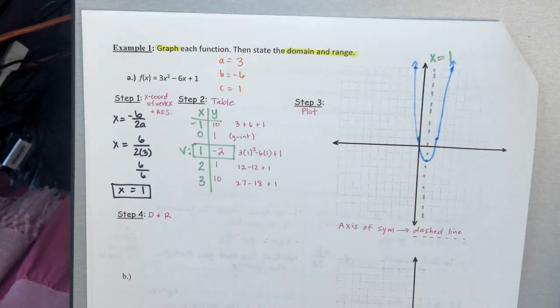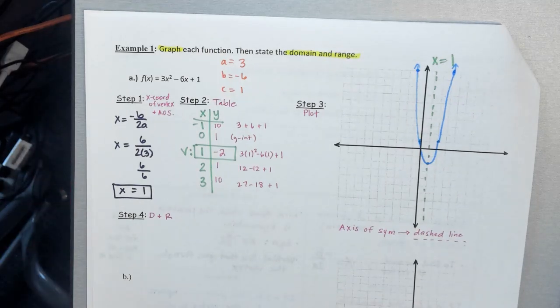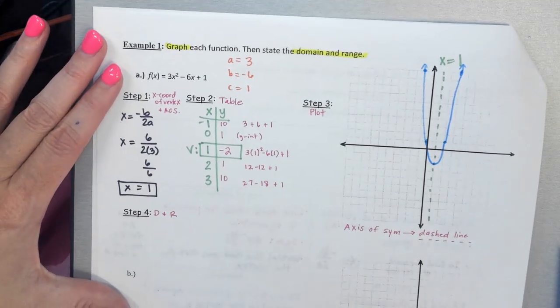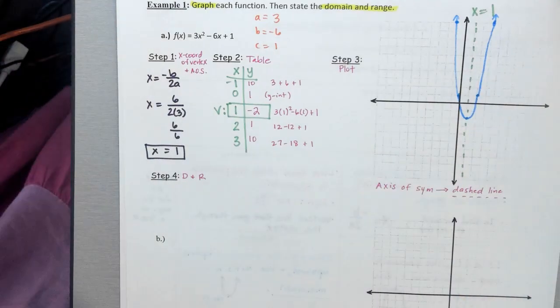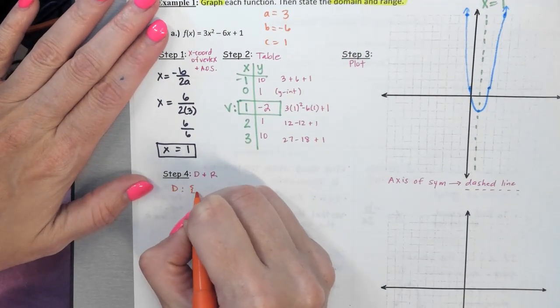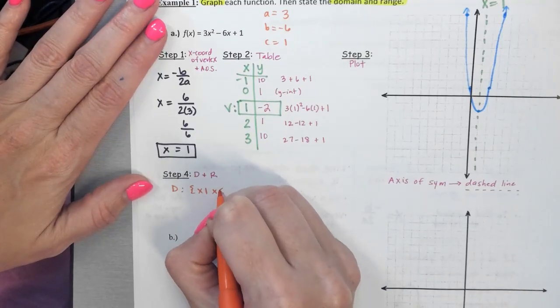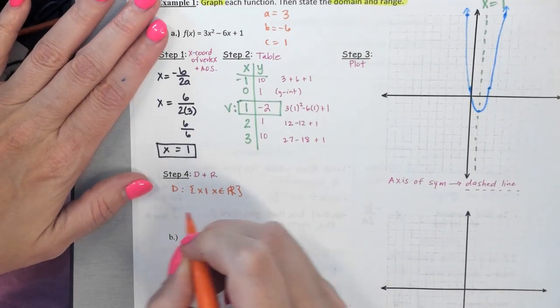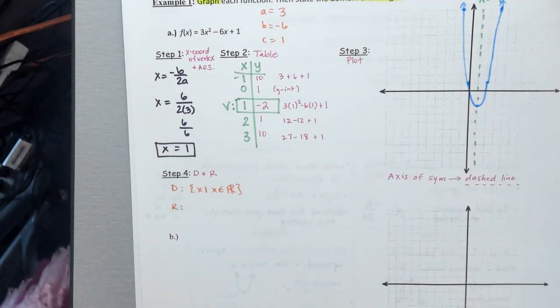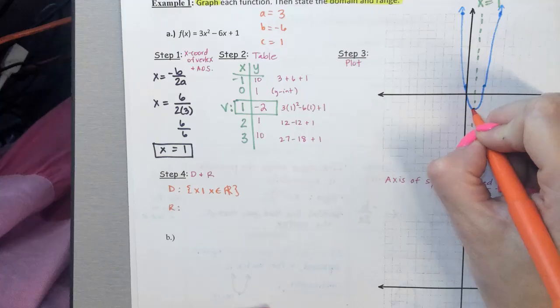So the domain and range is what you're going to do next. We already talked about how the domain is always going to be the same. Your domain is always all real numbers. Your range is always going to tie to your vertex.